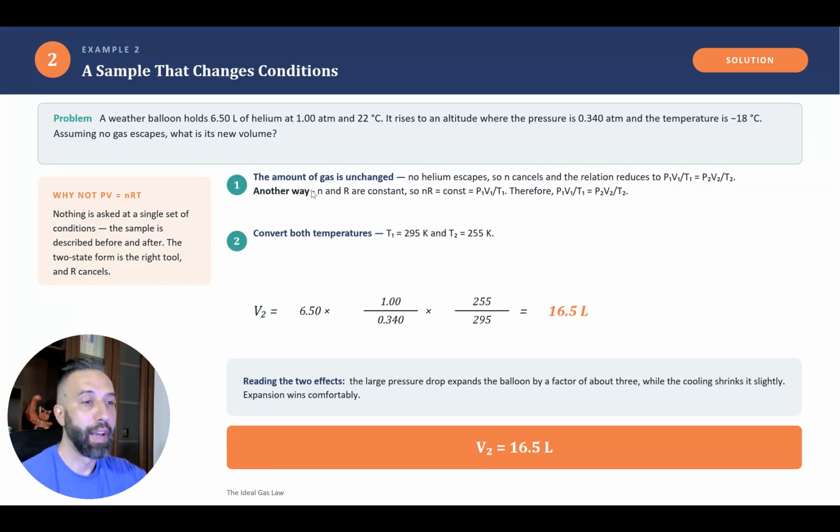So basically, n and R are constant here. So nR equals P1V1/T1, or you can just say PV divided by T. And therefore, P1V1 divided by T1 equals P2V2 divided by T2. And you can just plug all this in, and you will find that you can easily calculate V2. Or you can do it in the way that is done here, slower but more methodical.